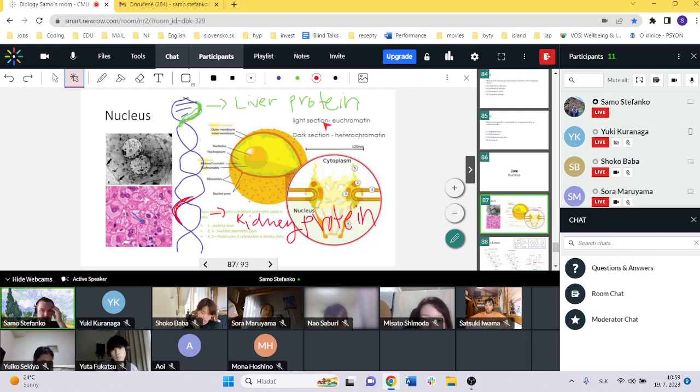Euchromatin is an active part of the nucleus. Heterochromatin is the inactive part. Both are here in the nucleoplasm with other structures like water, ions, some enzymes, and mRNA. We have two layers in the nucleus, inner and outer one.